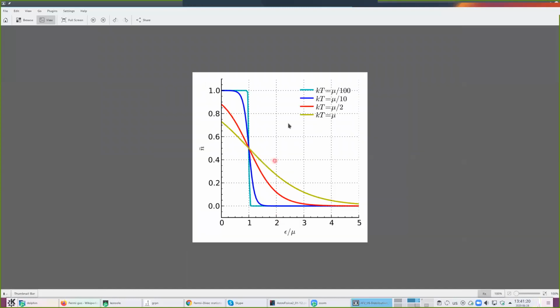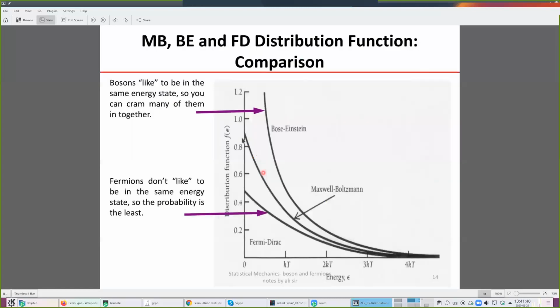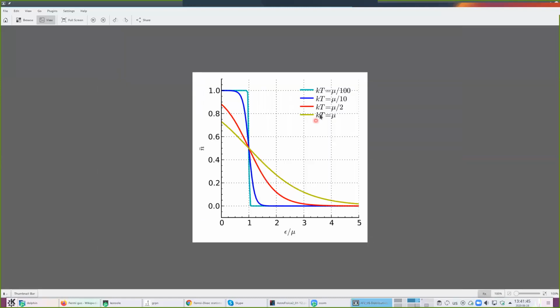And here you can see, definitely, with a temperature of more or less the same energy as the Fermi energy, there is this behavior that seems quite similar to the Maxwell-Boltzmann. And you see here, it is in the classical regime.